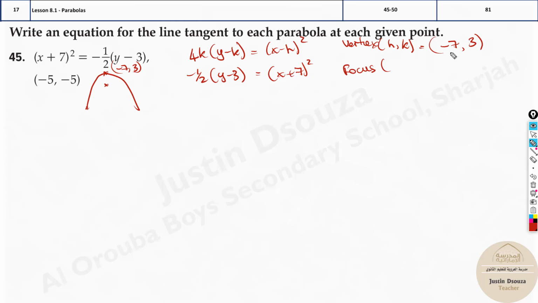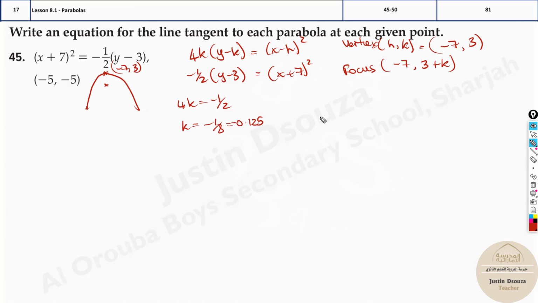The x value will remain the same, it doesn't change, but the y value now will be 3 plus k. Now what is the k value? 4k equals minus half, so k is equal to negative 1 by 8. So you need to add negative 1 by 8. This negative 1 by 8 is 0.125, I believe.